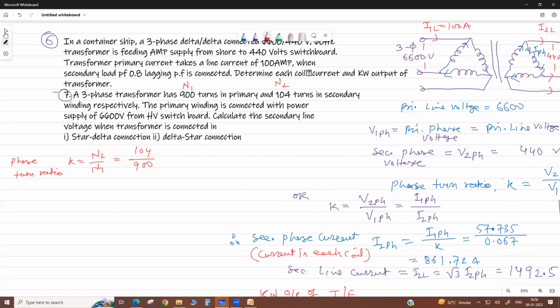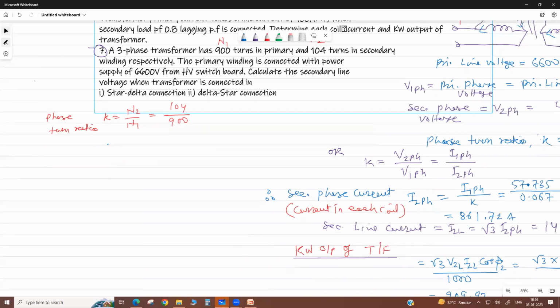If suppose primary is star, I will explain. In the first part, you make the connection, and secondary is delta side.